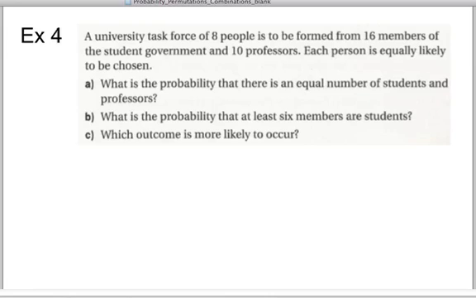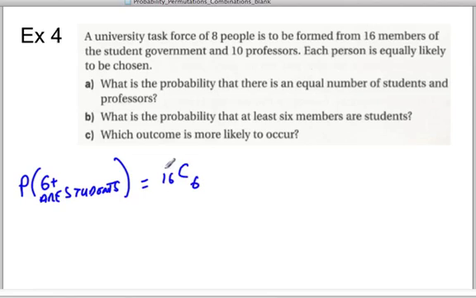Now the next question, what is the probability that at least 6 members are students? So the probability that 6 or more is equal to the combination of 16 choose 6.